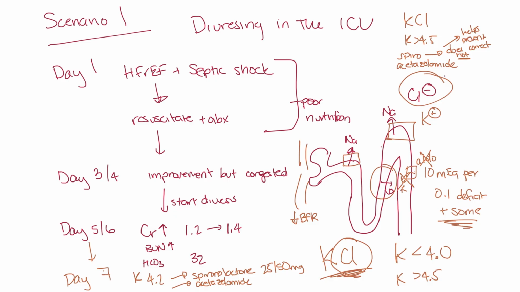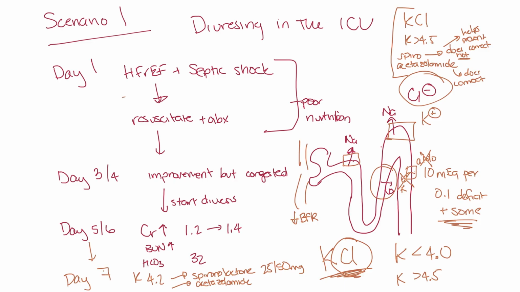On the other hand, acetazolamide does correct the metabolic alkalosis, okay? And so I would use this combination here in addition to our loop diuretic to try and correct this chloride deficient metabolic alkalosis that we're experiencing and reduce diuretic resistance, okay? All right. That's scenario one.